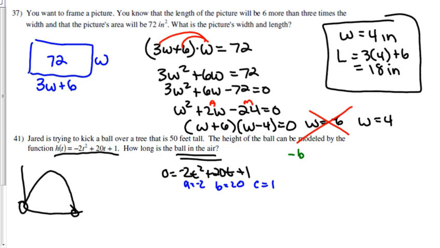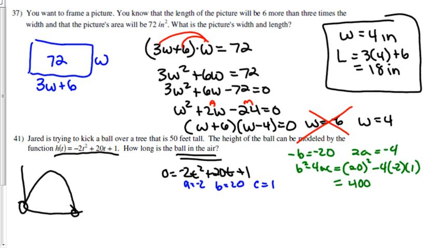So the opposite of B is negative 20, 2a is negative 4, and b squared minus 4ac is 400 plus 8, 408. The quadratic formula then looks like this.